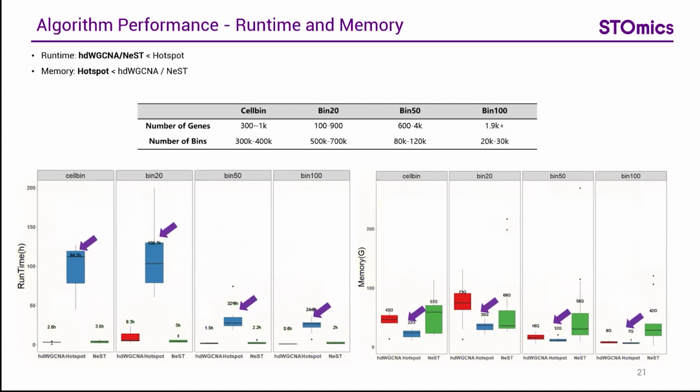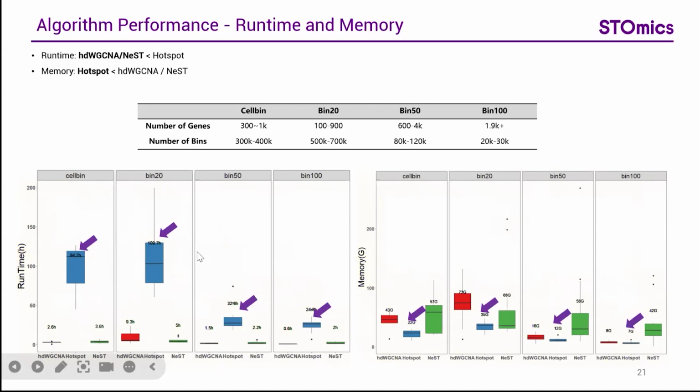For cell bin and bin20, due to the large data size, their runtime is significantly longer than bin50 and bin100, exceeding 24 hours. But their memory demand is the smallest among the three algorithms.